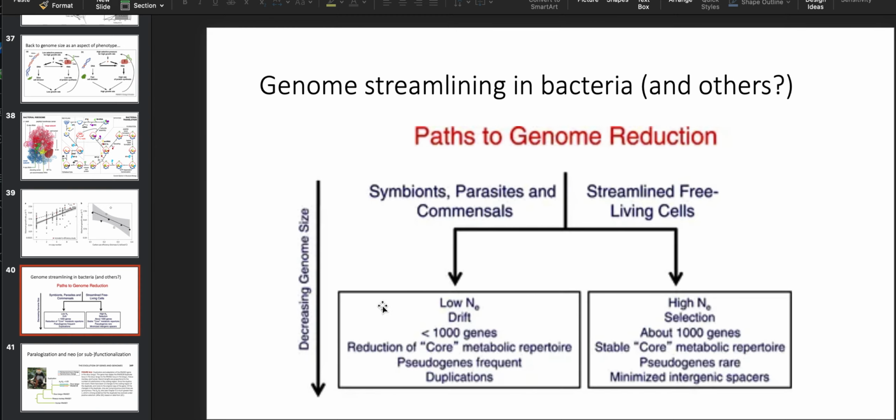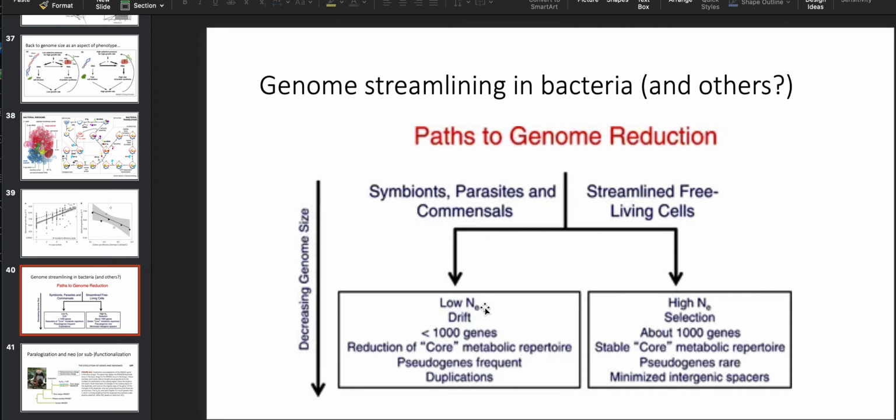There's a couple of different reasons why genome streamlining in bacteria and other types of organisms happens. The two main reasons are because the bacteria are some sort of symbiont, parasite, or intracellular commensal. I can't think of any examples of intracellular commensals, but in general, organisms that are symbiotic mutualists that live in other cells, or symbiotic parasites that live inside other cells, tend to have really low effective population size.